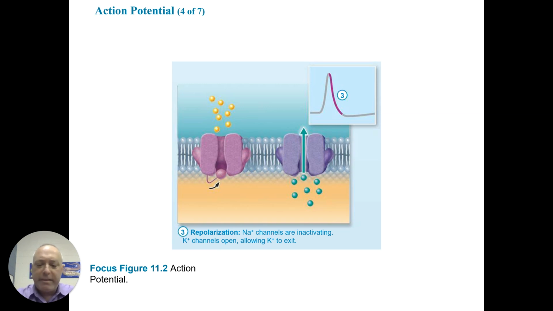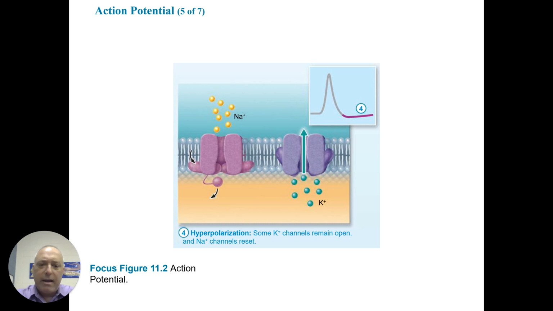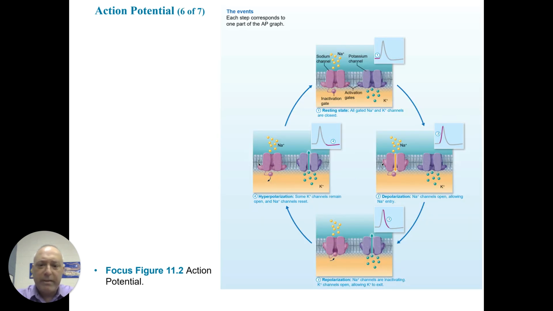So once the potassium channels open, potassium effluxes, and the membrane potential returns to its negative state, but there's a little after hyperpolarization where the cell will dip even more negative for a small period of time before it goes back to its baseline.